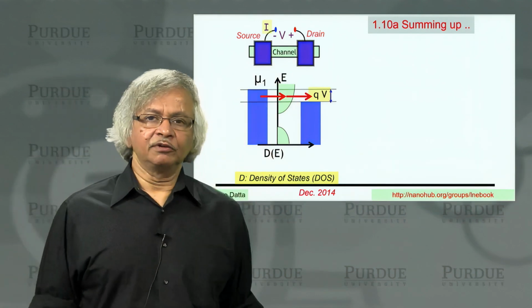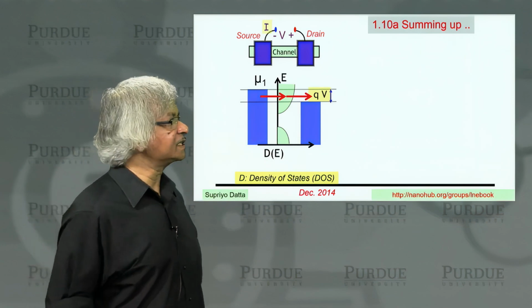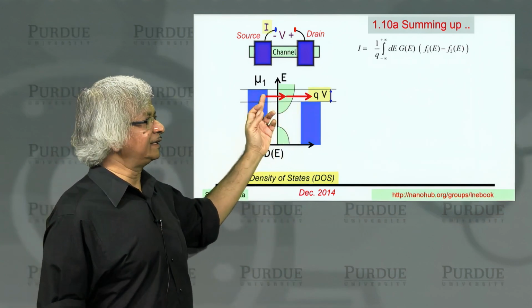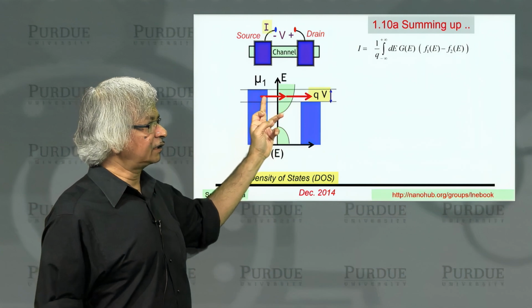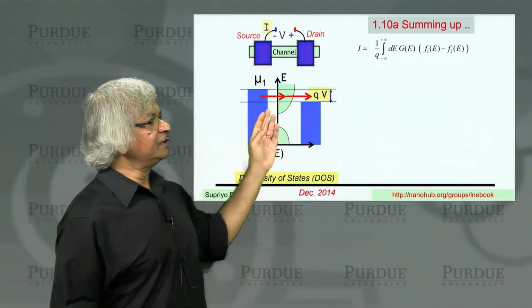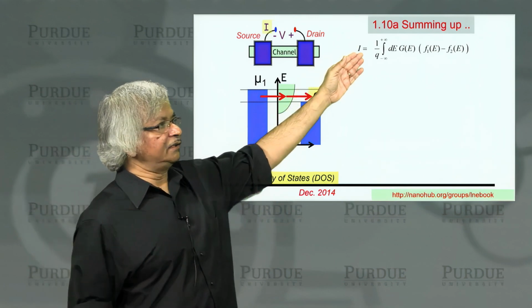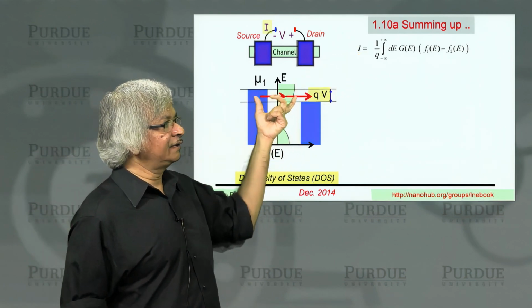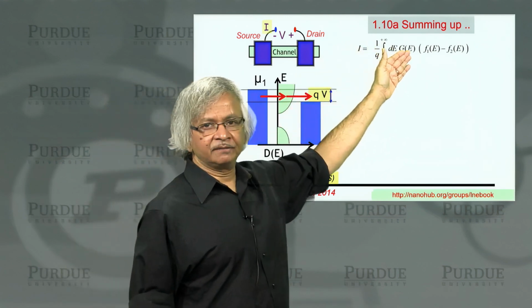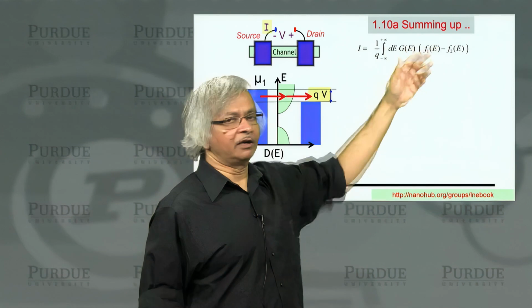And then what we showed is that if you use this idea of elastic transport, that is, electrons go from one contact to another without changing energy, then you can write the current at any energy as some conductance function times the difference between F1 and F2.